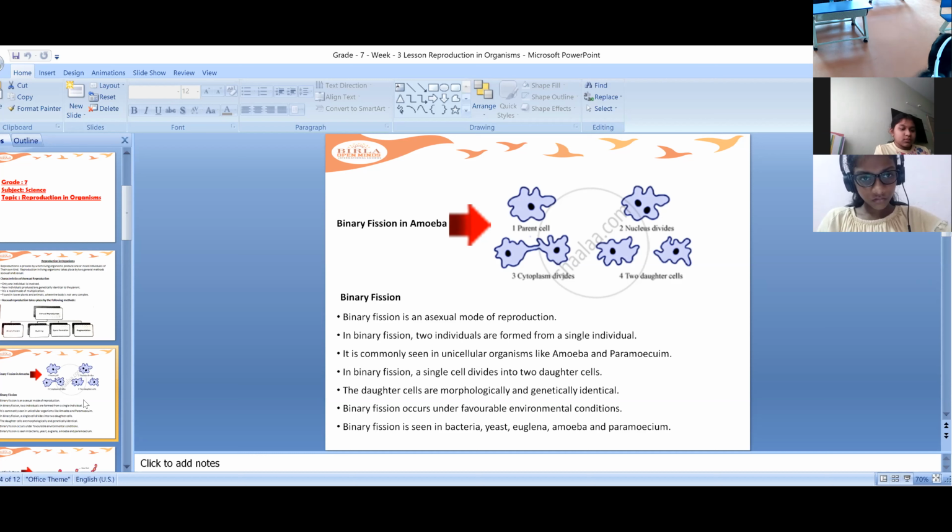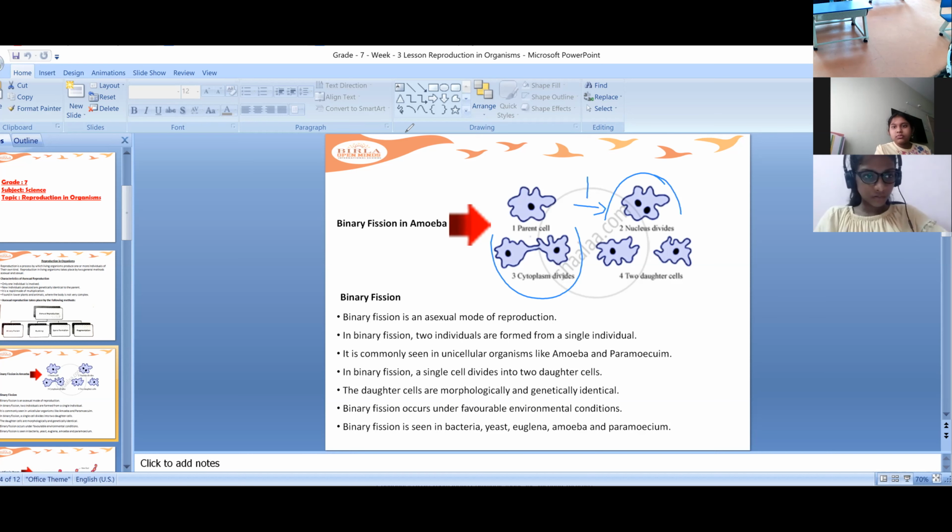Here the cytoplasm divides and then it separates. Here the nucleus also divides. Here in this picture, if you can see, this is the first step.